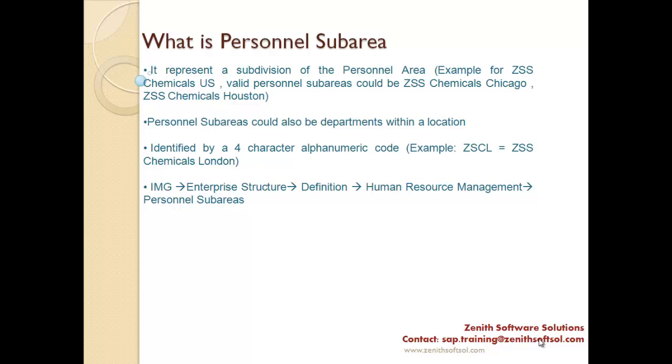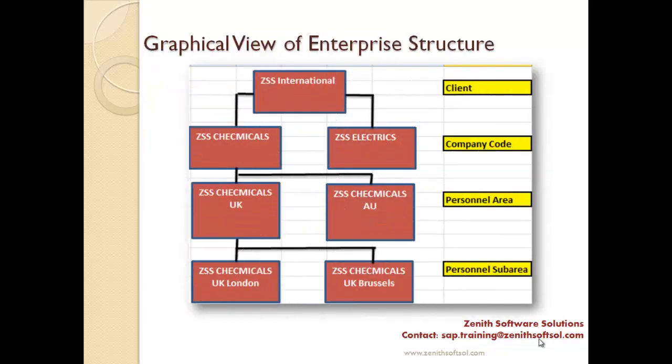So if you see this diagram here, it will be more clear. Client, I have given ZSS International because that is a separate client. It could be any, like 800 or 100, where the client's own master records and set of tables will be stored. Now company code, ZSS Chemicals is one of the company codes, ZSS Electrics is one of the company codes.